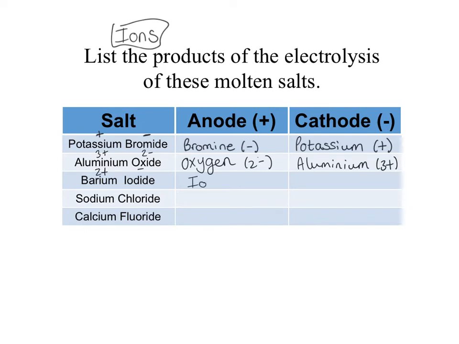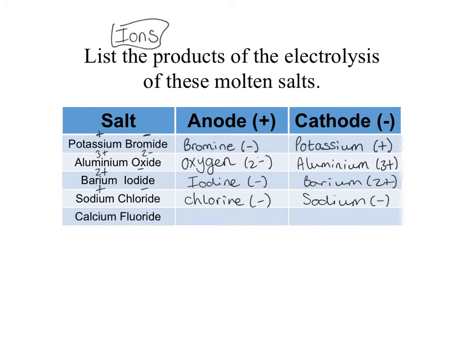So iodine goes here, and barium goes here. Plus, minus, so sodium is attracted to the negative cathode. Chlorine is attracted to the positive anode.